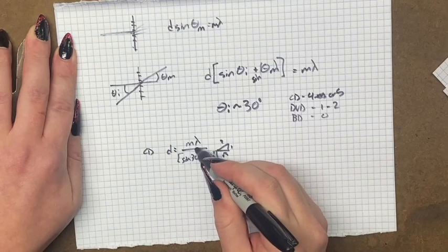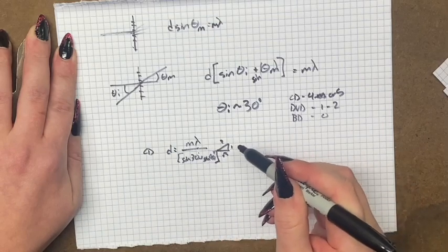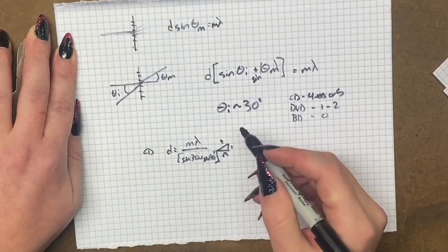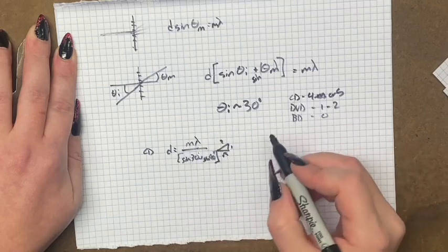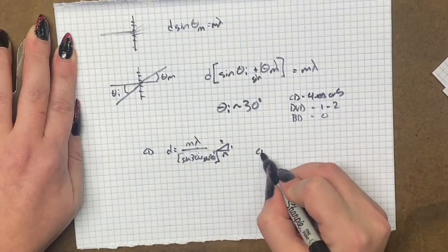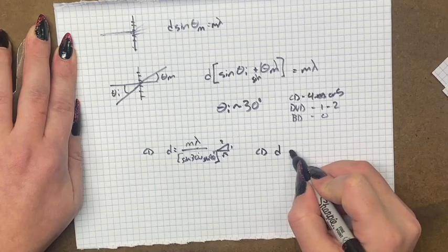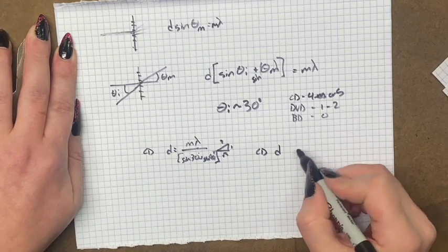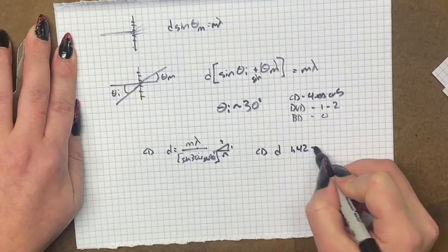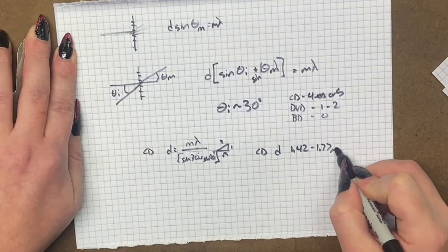I had Excel solve this equation and spit out the d values for various m's. And in the case of the CD, d ranges between 1.42 and 1.77 micrometers.